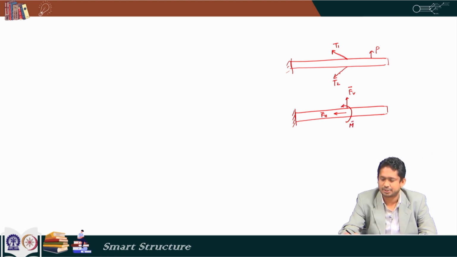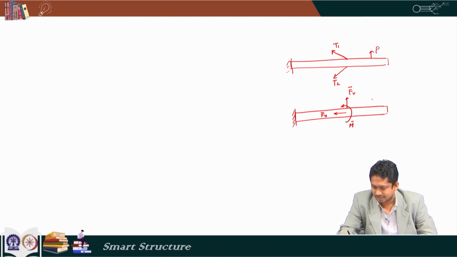Again, if T1 and T2 are the same in the undeformed configuration, the moment is 0, otherwise there can be a moment. And the force P that was acting here remains the same.